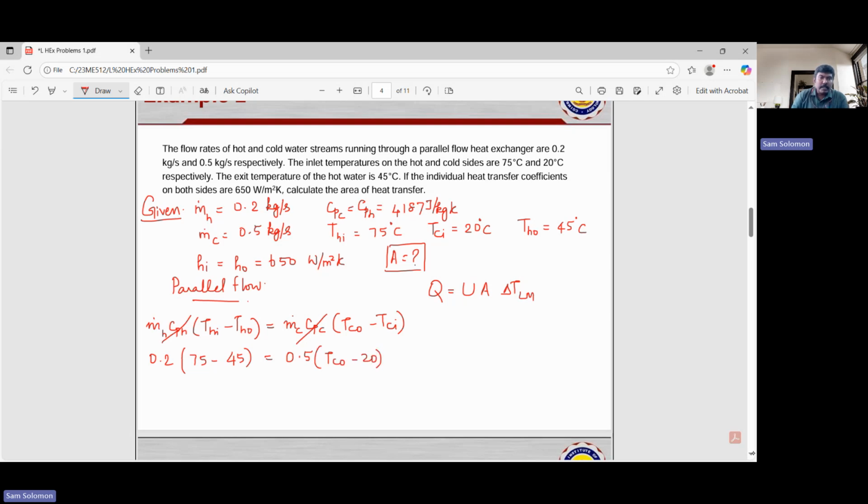This is 0.2 times 30, which is 6, and 0.5 Tco minus 20 into 0.5, which is 10. So 0.5 Tco is going to be 6 plus 10, 16. So Tco is going to be equal to 32 degrees centigrade. Yes, Tco is 32.